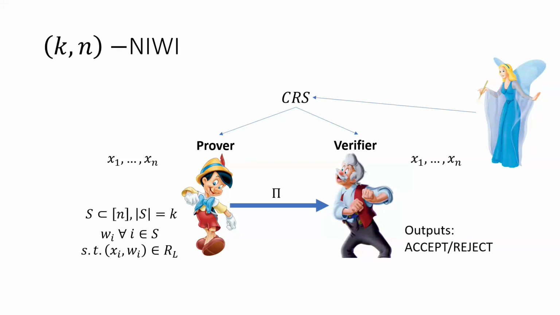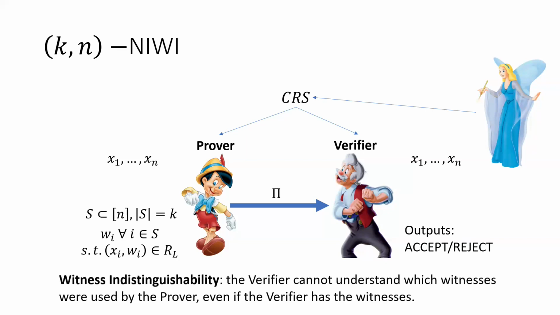Aside from the soundness guarantees that this proof system has to satisfy, here we are more interested in witness indistinguishability, meaning that even if the verifier picks the witnesses to be used, he cannot distinguish a proof done with a certain witness from a proof done with another witness.